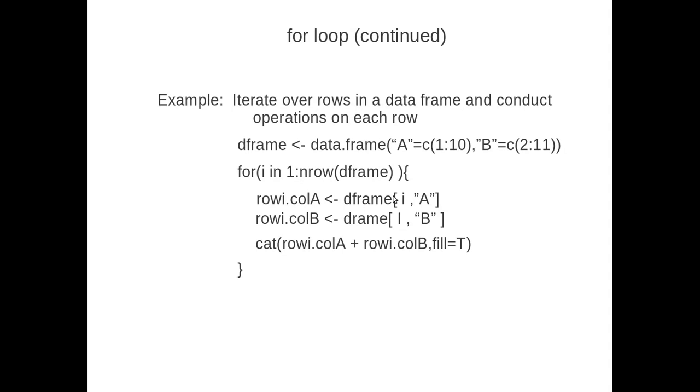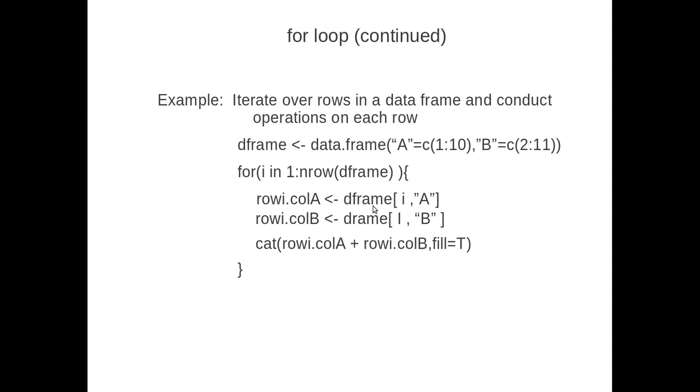And here maybe what we want to do is extract row i, column A. So here we're subsetting dframe, where the position on the left is the row. Here we're combining an index position and a name. That's fine to do. This is a typo. I'm sorry about that. This should be a small i here because that's the variable that's being modified each time through the loop.